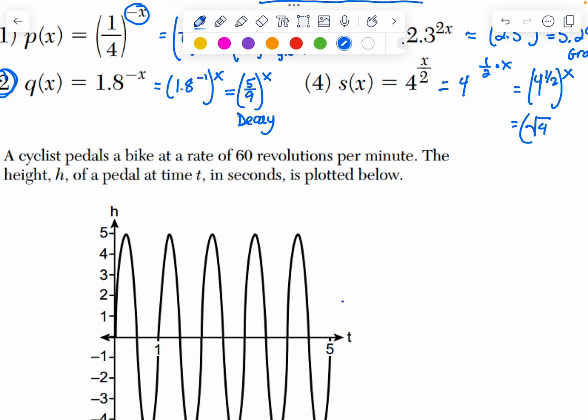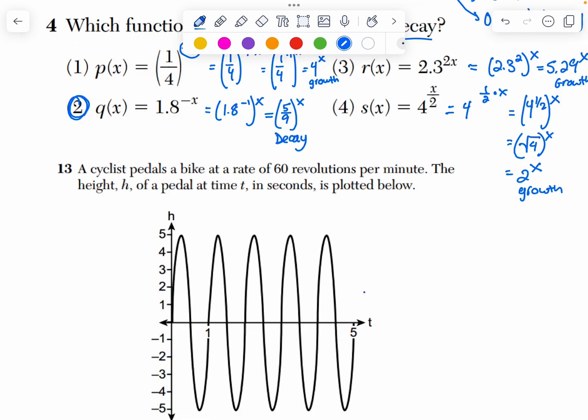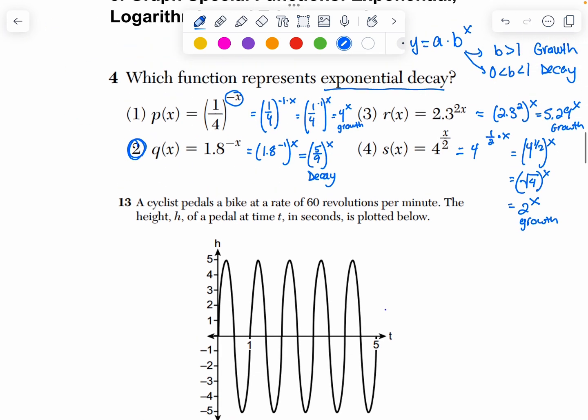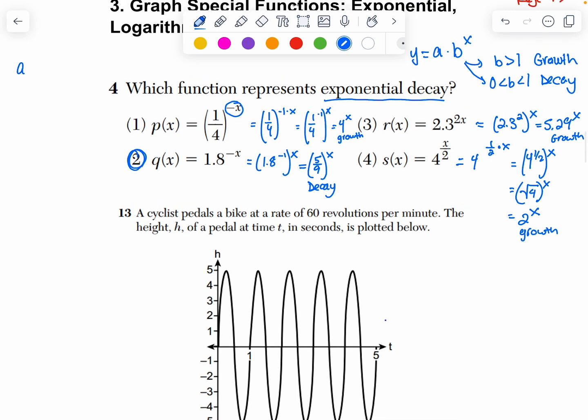So it's like having the square root of 4, which we know is 2, which again indicates growth. In terms of determining that, make sure you're really exploring your exponent rules to see each one fully, and also make sure you use your calculator to verify that as well. Now, other things to remember about exponential functions is that they can have what's called an asymptote.